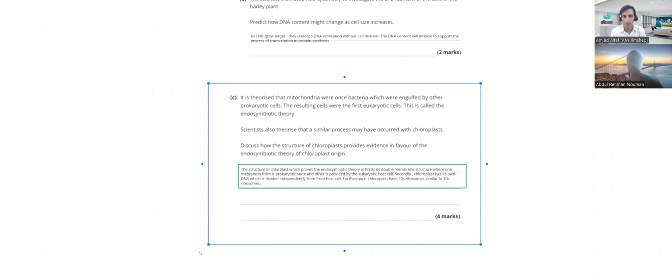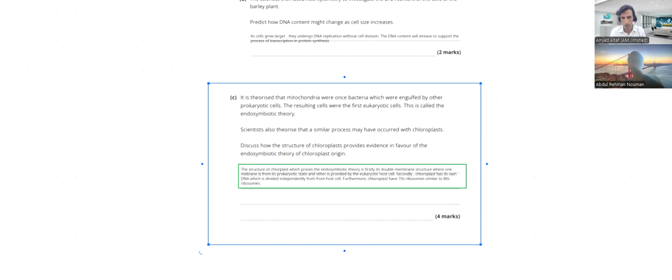You can read it out if there's any problem. The structure of the chloroplast which proves the endosymbiotic theory is firstly its double membrane structure, where one membrane is from its prokaryotic state. It's a bit confusing. What do you mean by this? Okay, and the other is provided by the eukaryotic host cell. Fine, got it.